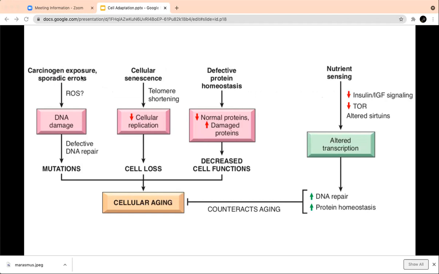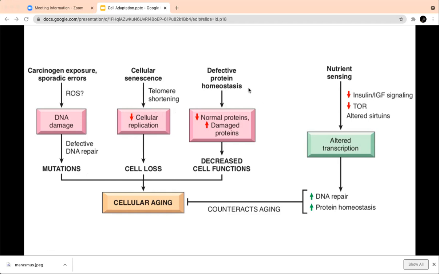So carcinogenic exposure or sporadic errors, secondary to reactive oxygen species or free radicals. Free radicals, no, then will cause the DNA damage. Okay, defective DNA repair will cause subsequent mutations. No, with cellular senescence, there's telomere shortening again, no, will cause decreased replication and cell loss eventually.